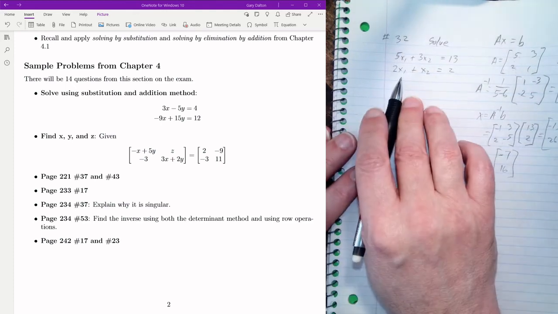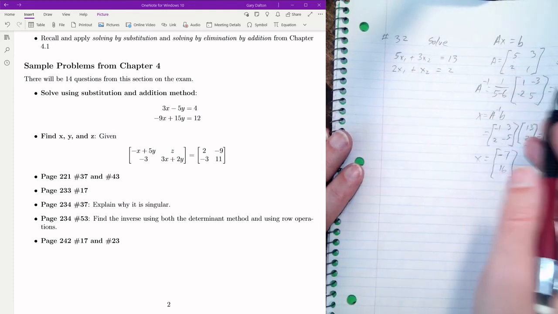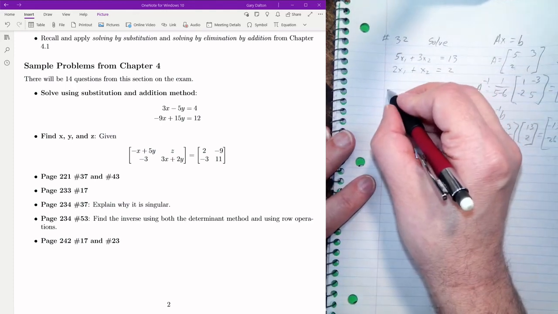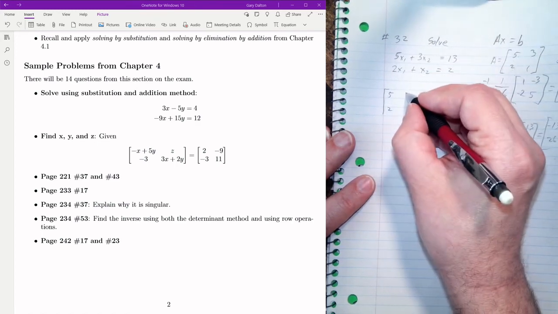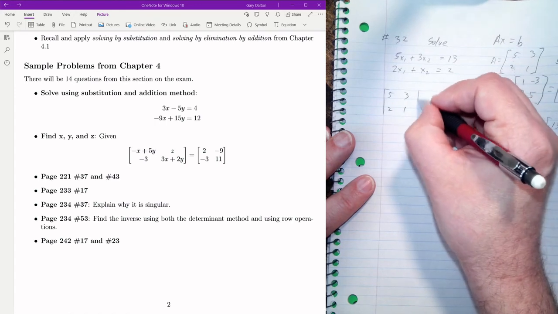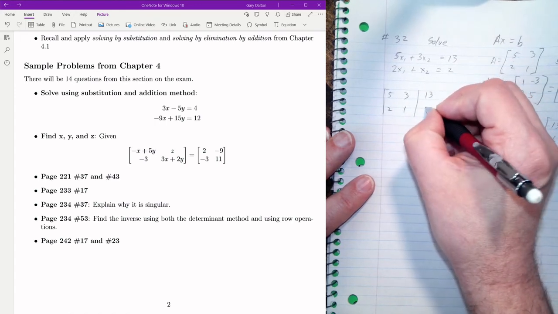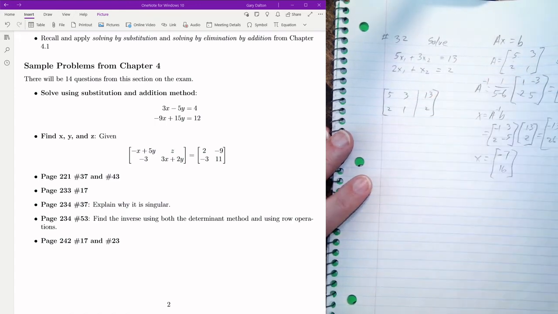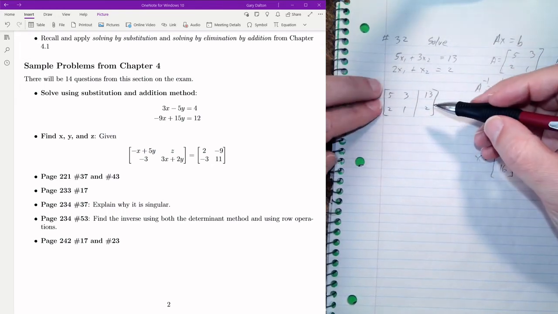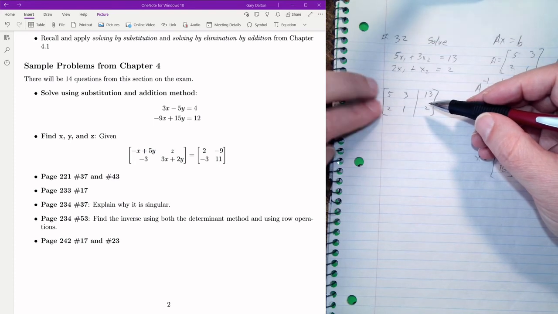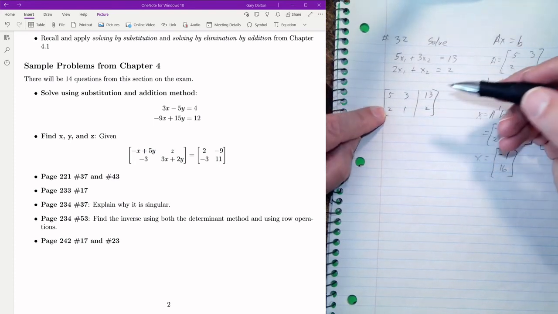So first step on using an augmented matrix is set this up as an augmented matrix. In this case, we've got 5, 2, 3, 1, augmented with 13 and 2. Looking at our pivots, let's just switch rows 2 and row 1, and at the same time that I switch them, I'm also going to multiply this by 1/2.